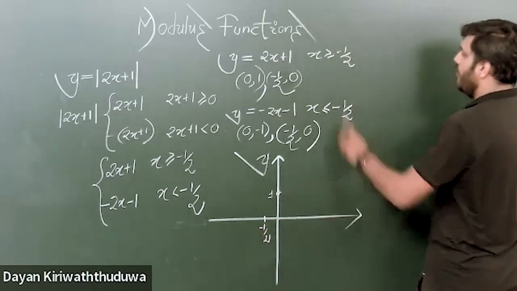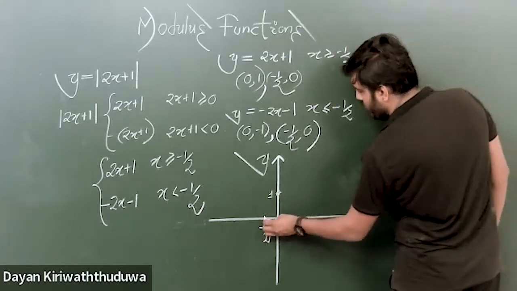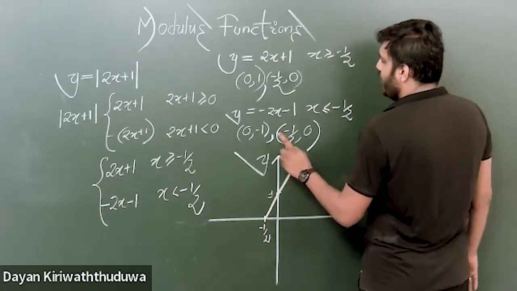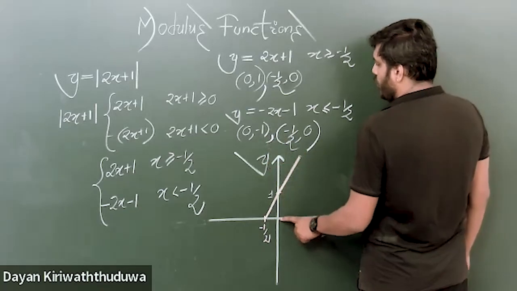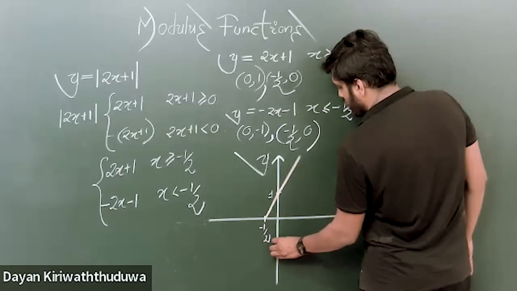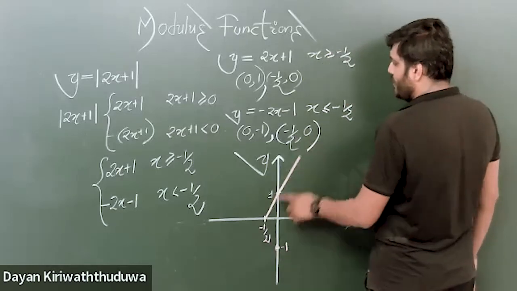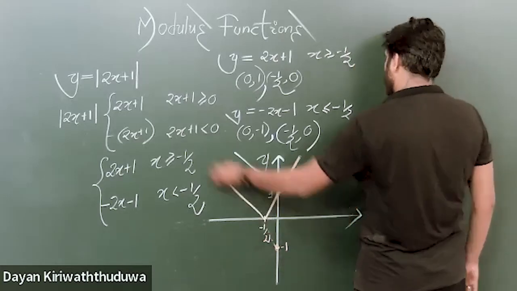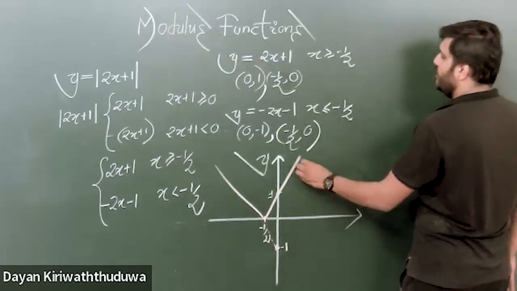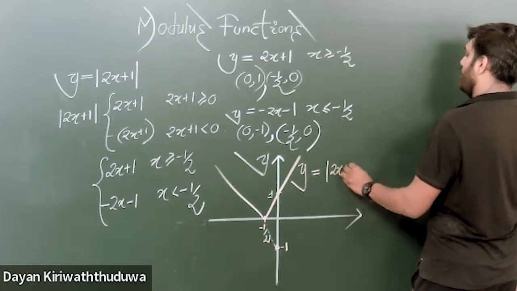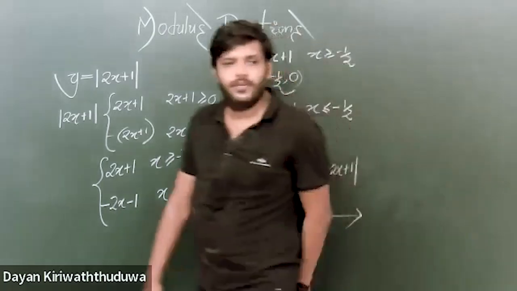And this is valid only when x is greater than or equal to minus half. And then we have x equals 0, y is minus 1. So somewhere here. Once again, minus half 0 is this. So we have to connect this with dotted lines from here to here. So this is y equals modulus 2x plus 1. Very simple, right?